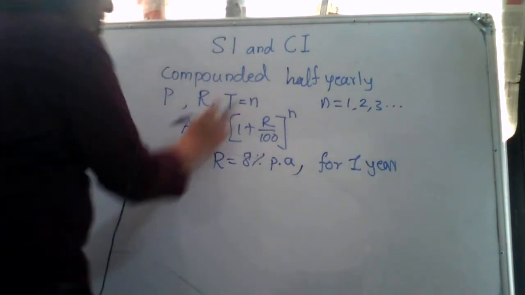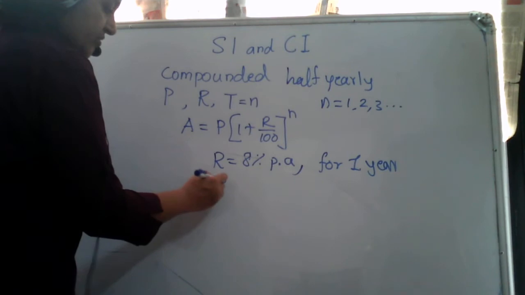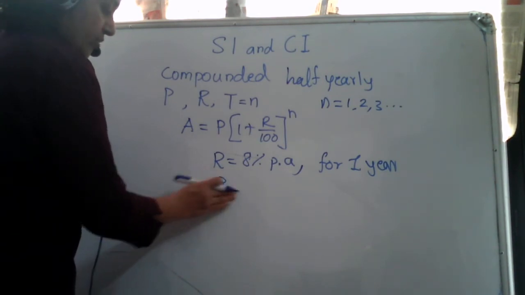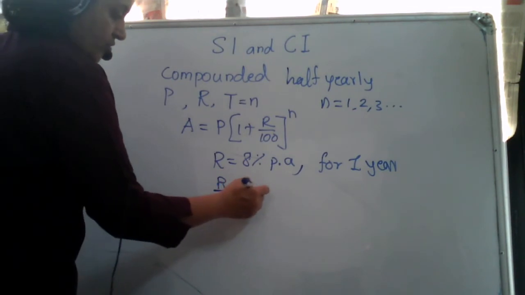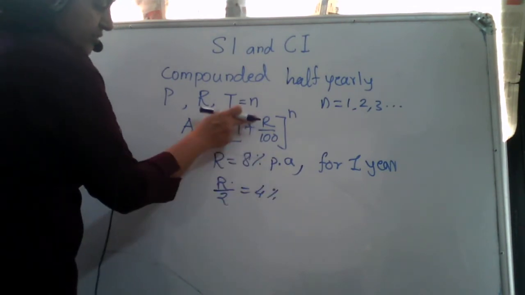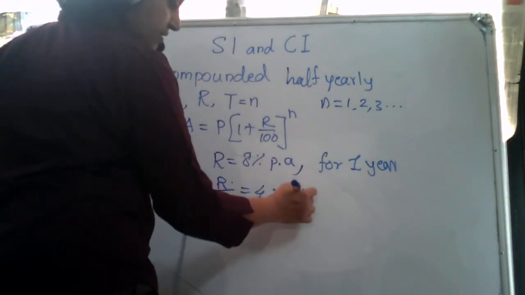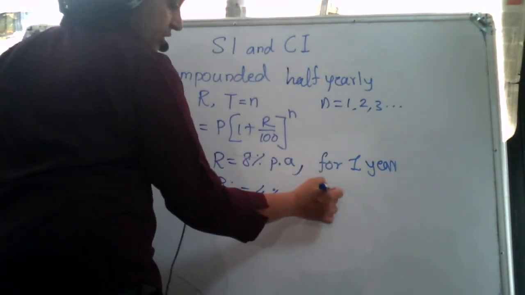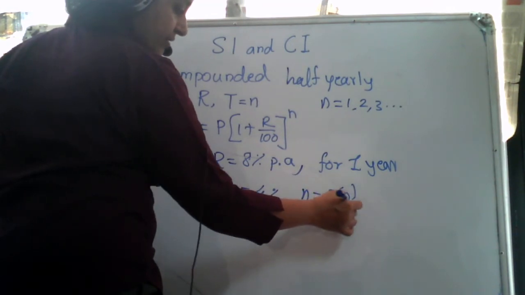Now when it is compounded half yearly, it means the rate of interest should become half of it. R should become R upon 2, that is equal to 4%. Means when you substitute it here, it should be R upon 2, and n becomes 2 times n. That means what? 2 into bracket 1.